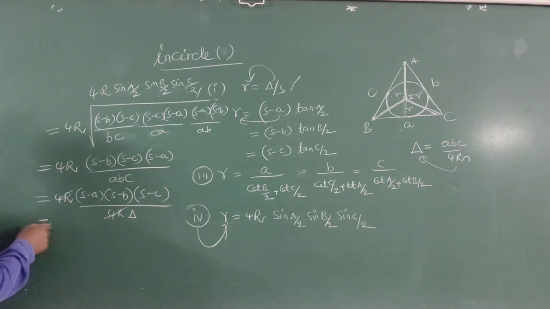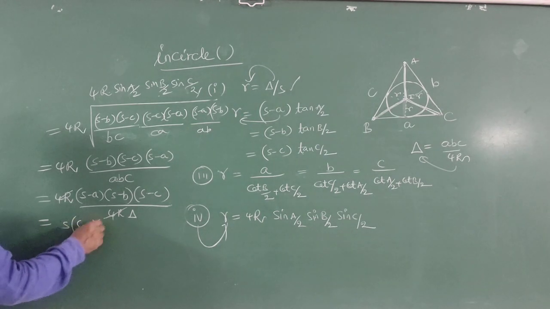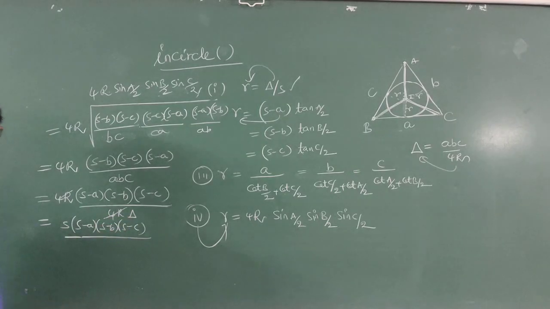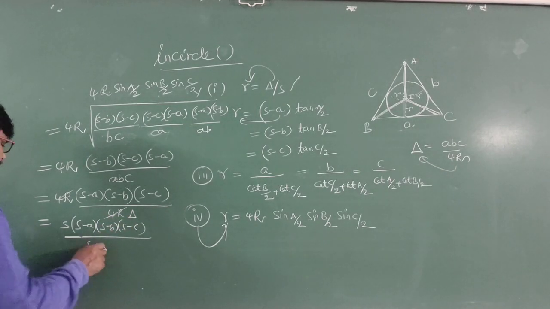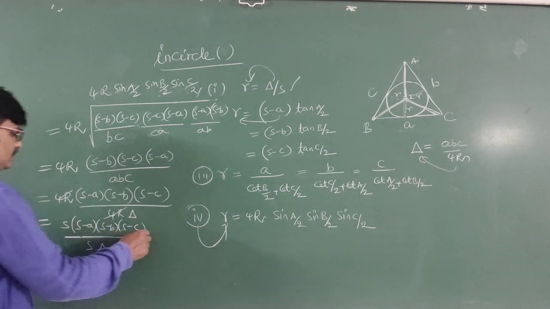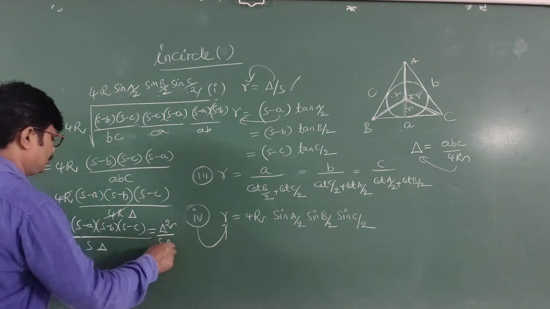Dear students, we are multiplying by s by s. This is (s minus a)(s minus b)(s minus c) upon s into delta. This is s into (s minus a)(s minus b)(s minus c), which is delta square upon s into delta.